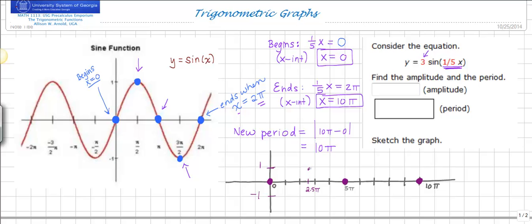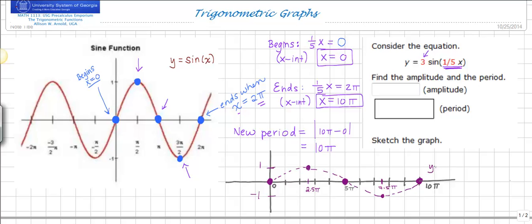And from left to right, because we haven't done anything yet other than deal with the horizontal stretch that's inside, we still go up to a value of 1. Halfway in between 0 and 5 pi is 2.5 pi. And halfway between 5 pi and 10 pi is 7.5 pi, where we have exactly a low value of -1.